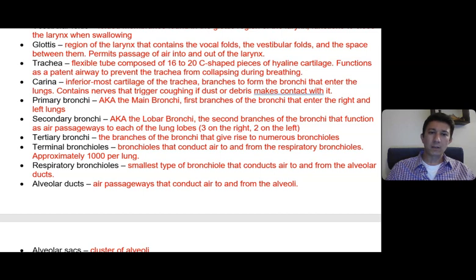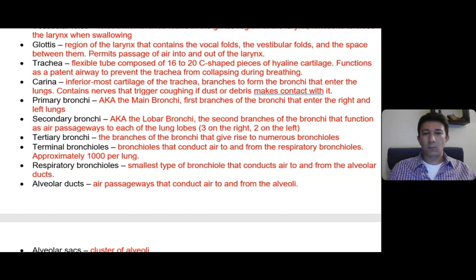Because the primary, secondary, tertiary bronchi and the terminal bronchioles, they're not involved with gas exchange at all. That is, there's no oxygen or carbon dioxide moving between the air in them and the blood that is nearby. Their job is simply to get air into and out of the lungs and into and out of those respiratory exchange surfaces that we're going to see in a moment.